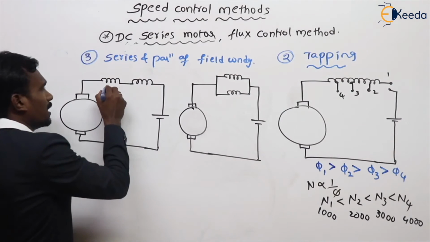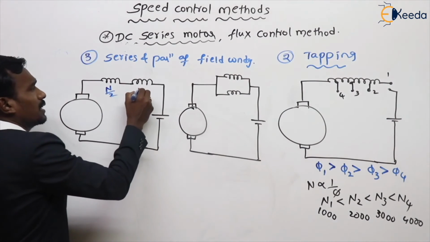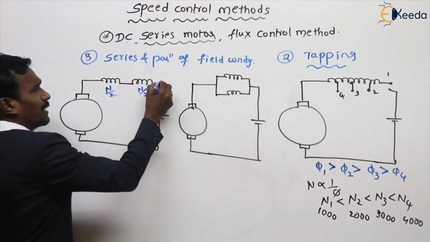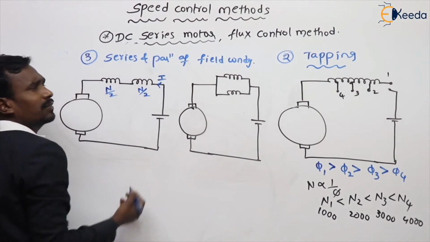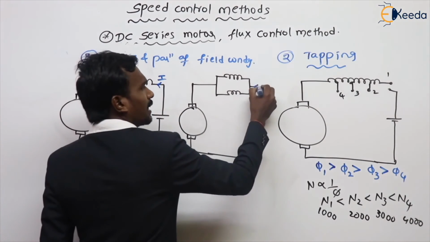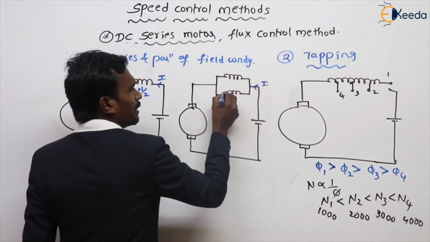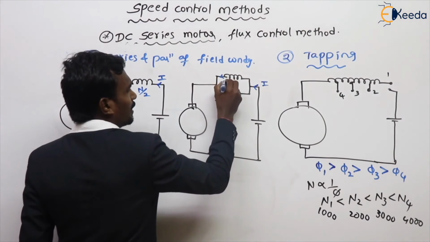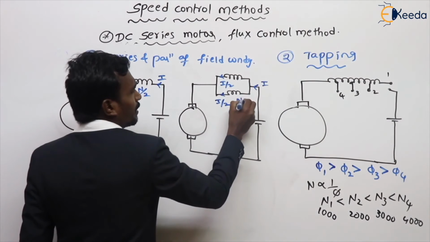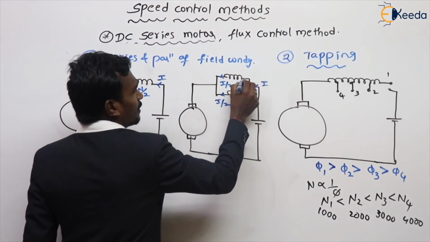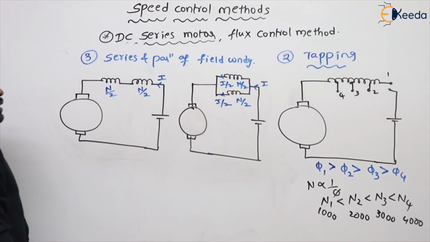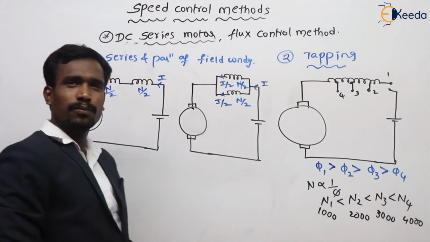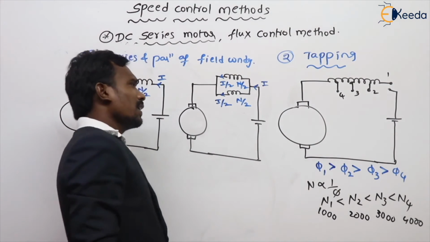See here, N by 2 number of turns, here also N by 2 number of turns, and the current is I. Here the current is I, and in the parallel case the current is I by 2 in each part, with N by 2 number of turns each.